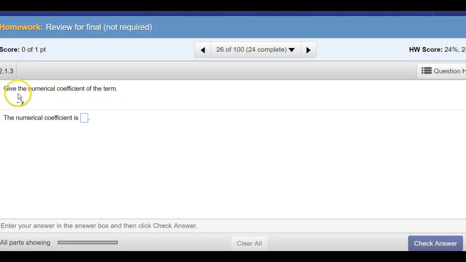Now here they're asking us to give the numerical coefficient. And a quick review of this, if we have a term like a negative 2x to the 4th, the numerical coefficient would be what is in front of the x. That's the variable. The 4 was the exponent, and the x only is the base of that exponent.